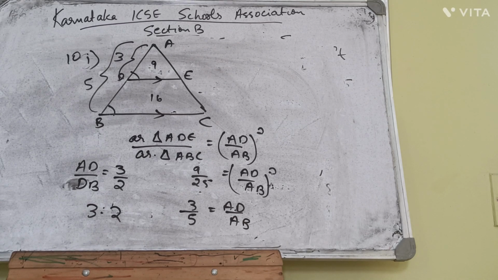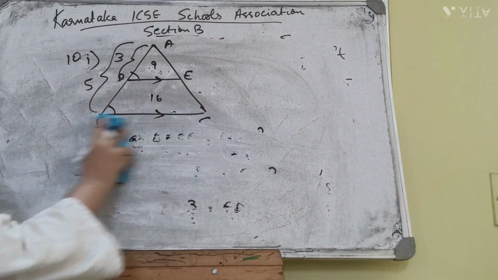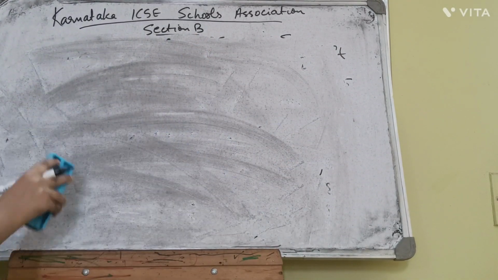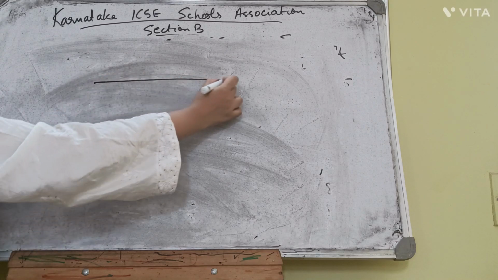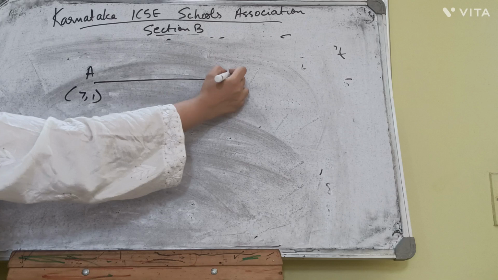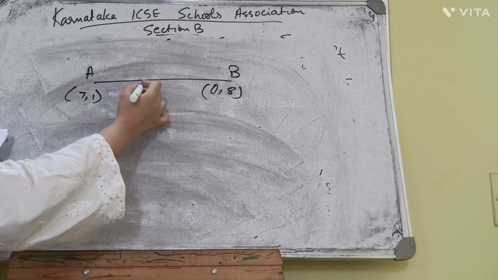Question 10, second one is a question from section midpoint formula. Find the ratio in which the point 3, B divides the segment joining points A and B. So they have mentioned point A is given as 7, 1.